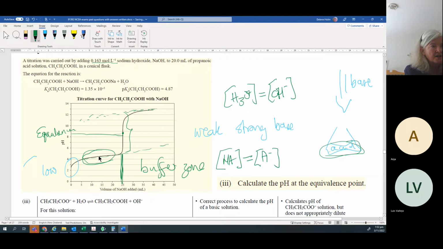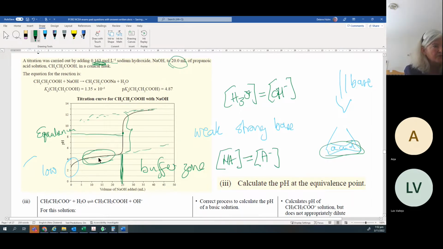And that tends to be the midpoint. If we had exactly the same concentrations of acid and base, it would be exactly the halfway point. But we know it's not exactly the same because we've got 20 ml of acid and 25 ml of base.